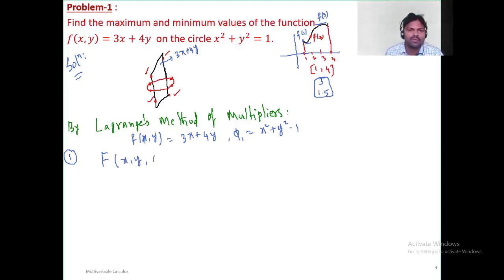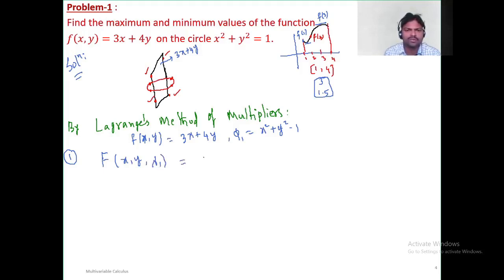So therefore lambda 1, right? How many Lagrange multipliers do we have to take? Only one, because there is one constraint. So the Lagrange multiplier is only one, that is lambda 1. If there are two constraints, then take two Lagrange multipliers, lambda 1 and lambda 2.